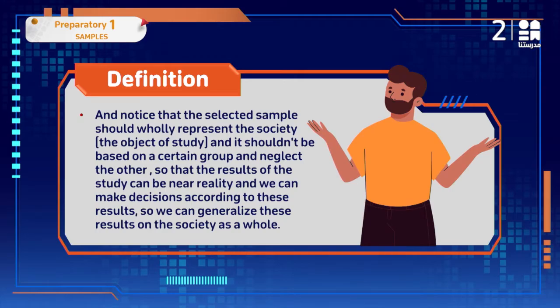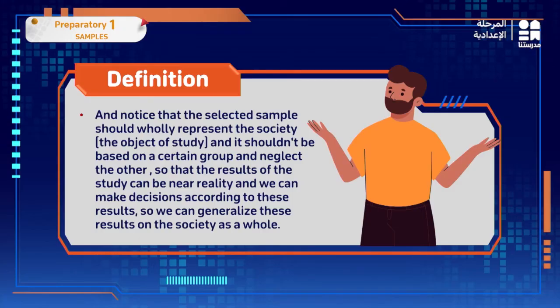Then it shouldn't be based on a certain group and neglect the others, so the results of the study can be near reality and we can make decisions according to these results. So we can generalize these results on the society as a whole.